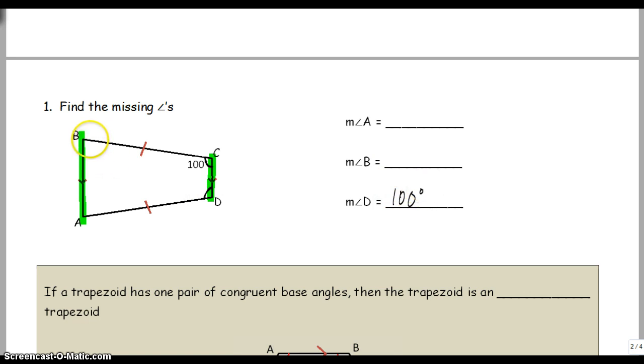We also know that B and C are supplementary. So to find B, you take 180 and subtract the 100 that we already know to get 80 degrees. This tells you the measure of angle B. B and A are also a pair of base angles, so they would be congruent as well. So A would be 80.